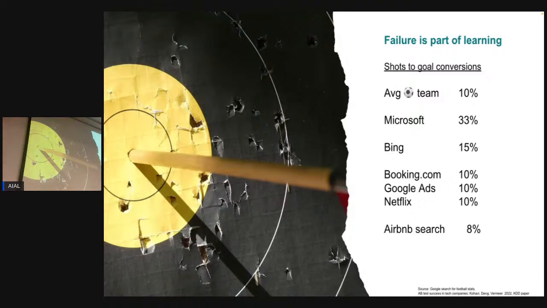I have found some stats in a KDD paper from other companies, so you can see that the success rate varies from 8 to 15% in most cases. Microsoft stands out a bit more with a 33% success rate, but still, failure is the more usual case than success, and it's fine.